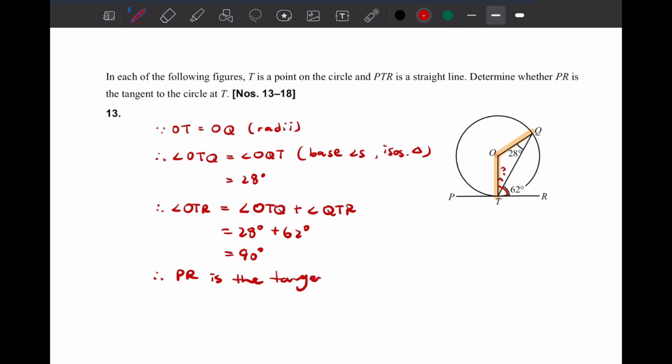So since it's 90, you can say that PR is the tangent to the circle at point T. And this is the converse of tangent perpendicular radius.